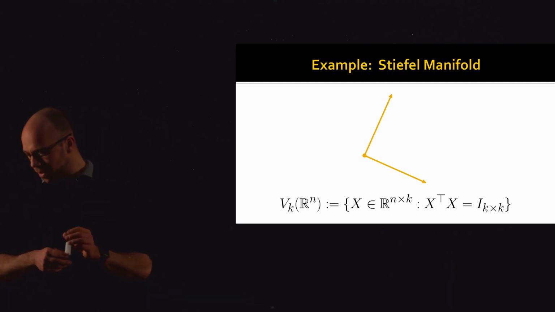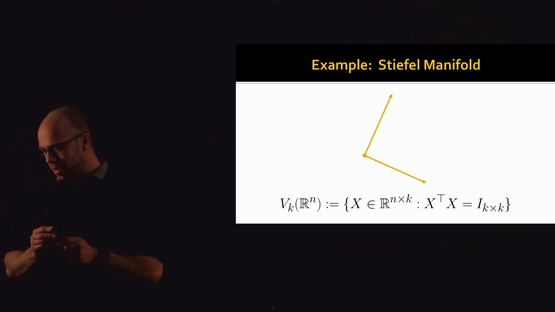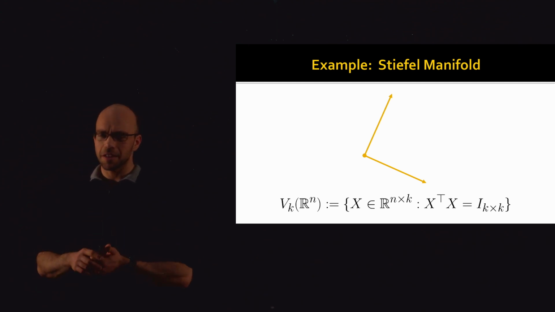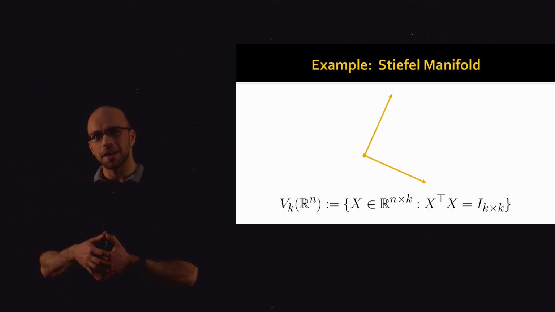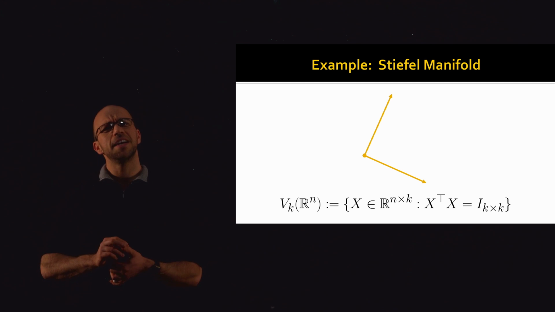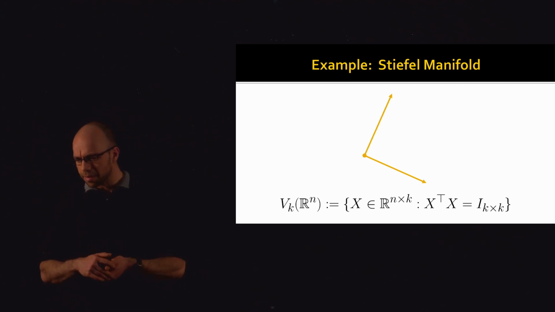So I thought, for fun, we could derive what it means to have a tangent space on this manifold, as well as talk about a retraction operator on this space, because it turns out that the exponential map is not so easy to work with.